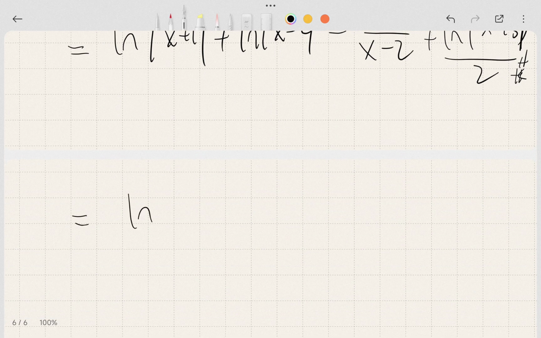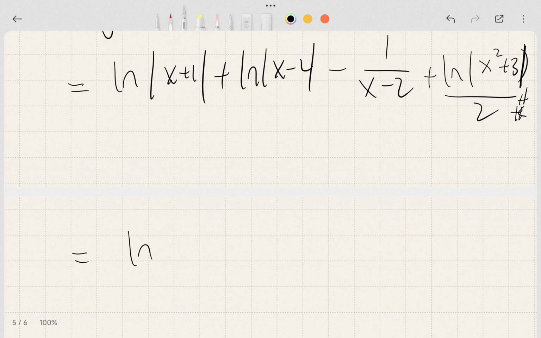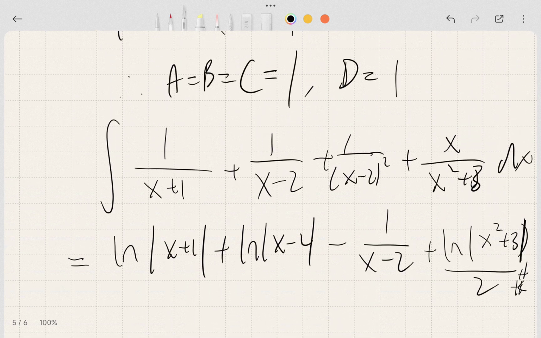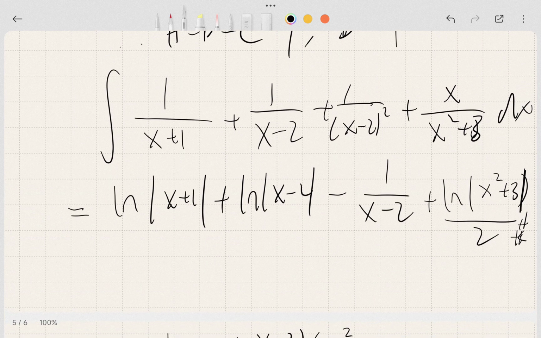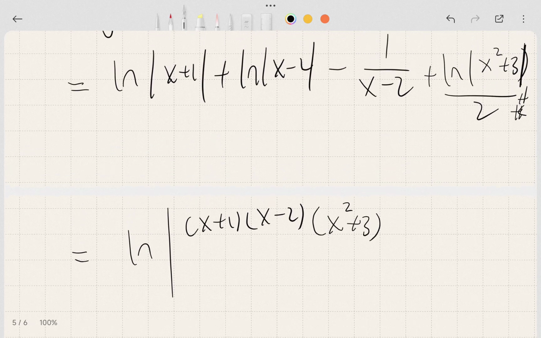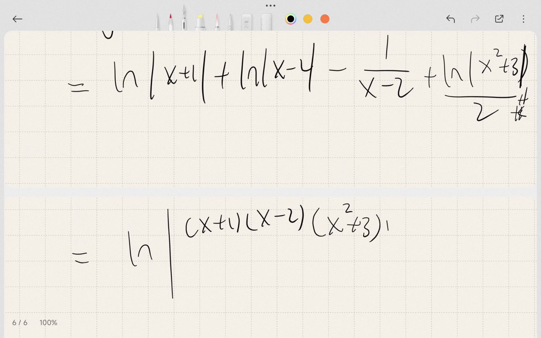So tidying things up, we have ln of x plus 1, x minus 2, times x squared plus 3. Minus 1 over x minus 2.